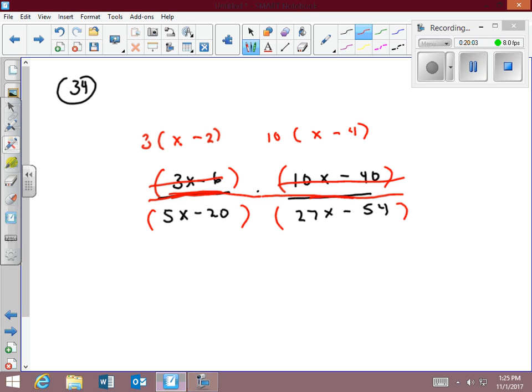Now look at the bottom left. 5x minus 20. What's the common factor? 5. And you get x minus 4, right? That's factored. Now look at the 27x minus 54. What's the common factor? 27, isn't it? 27 comes out, and you have what? X minus 2. That's factored. Any questions about that?